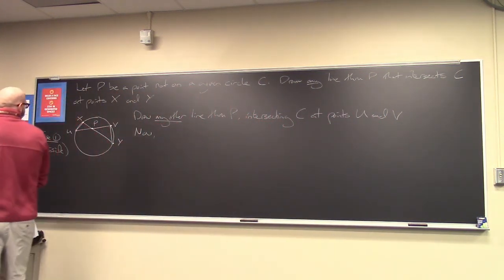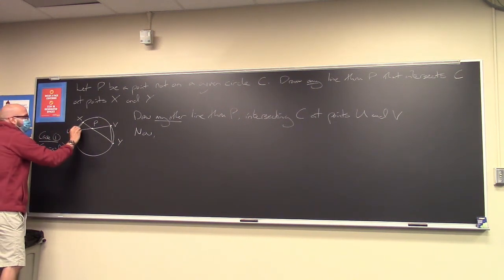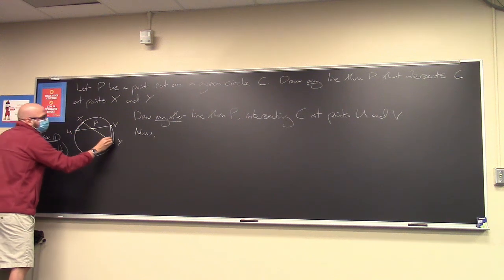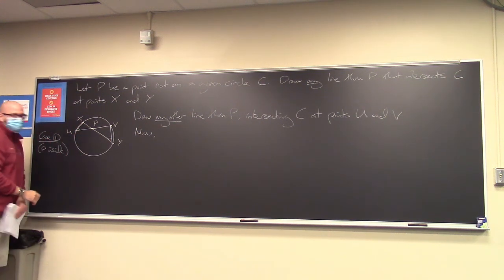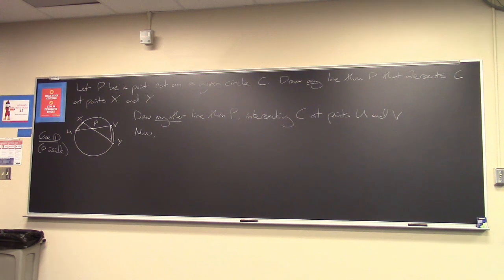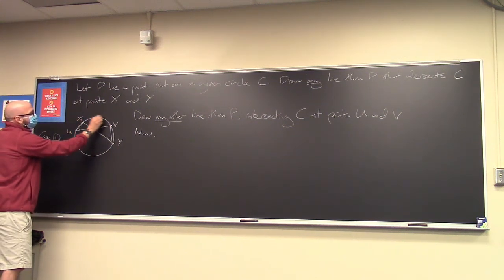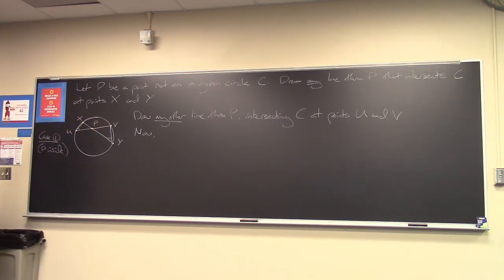My claim is that these two angles right here are equal, or congruent. Why is that? Because of the arc. Exactly. They're inscribed angles that both subtend the same arc, XV.